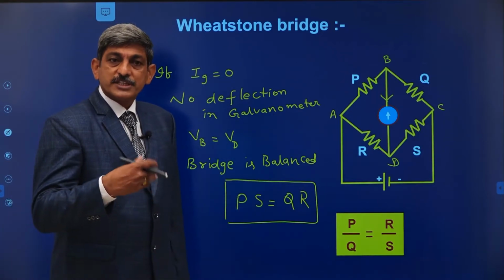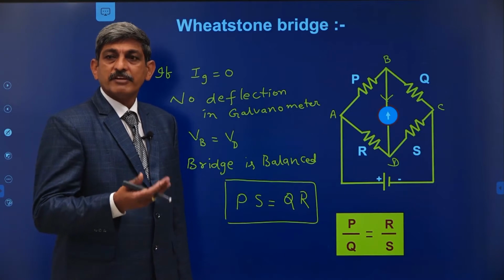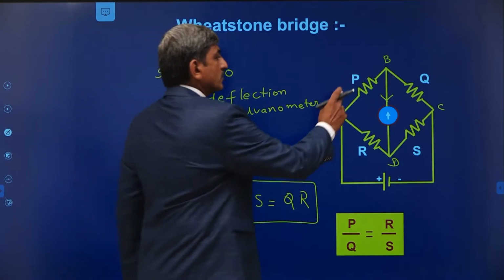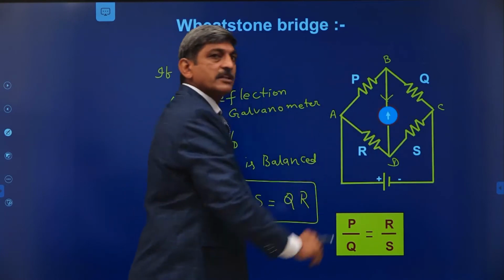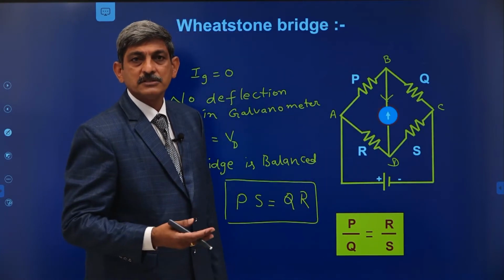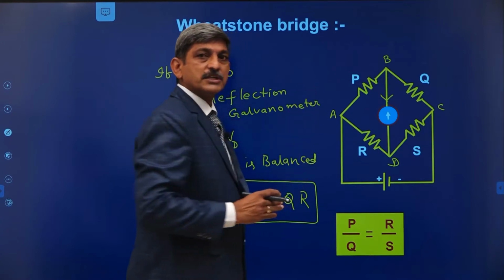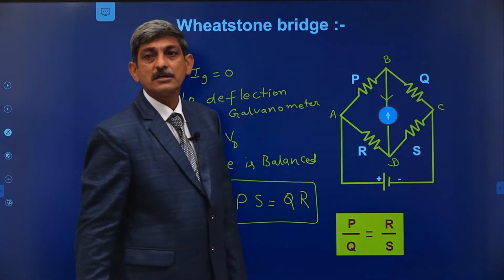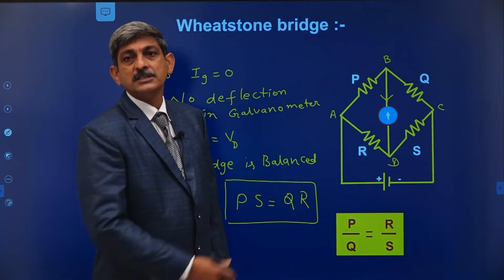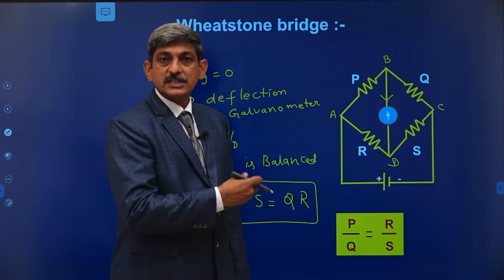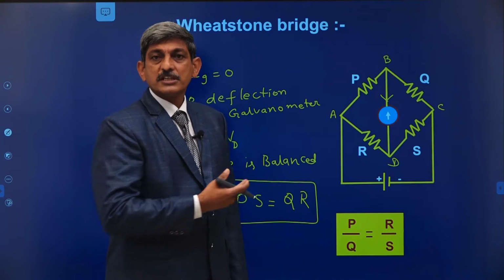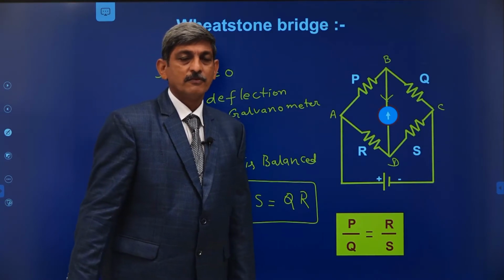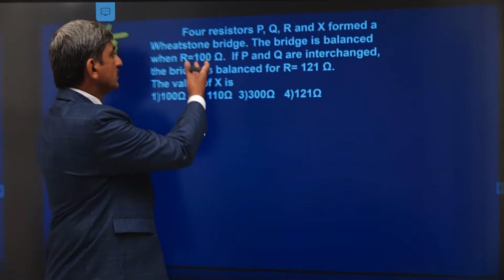Now, if you see the problems given in the previous examinations, single resistors may be given in the arms, or sometimes a series or parallel combination of resistances may be chosen in the arms of the Wheatstone bridge. Now we are going to discuss different models which are in the standard of the previous IIT JEE Mains examinations. For that, see the problem.